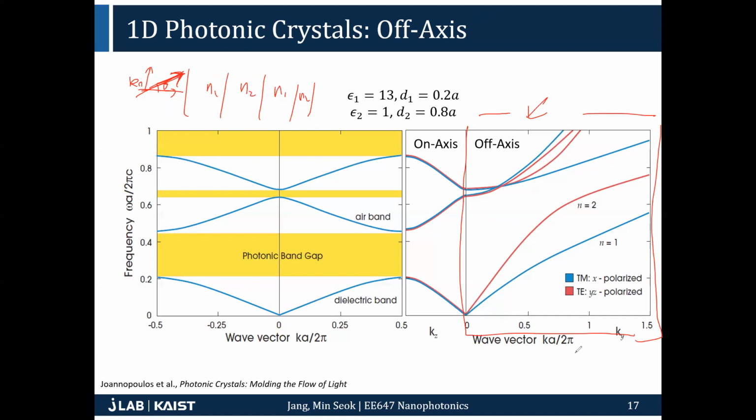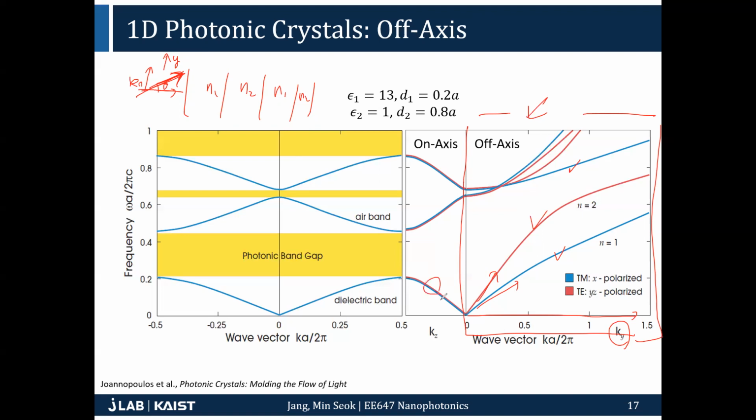And here we show what's happening when ky, so this is the y direction, becomes non-zero. One thing that you can immediately notice is that as you go to a non-zero ky, you start to have two different bands, right?